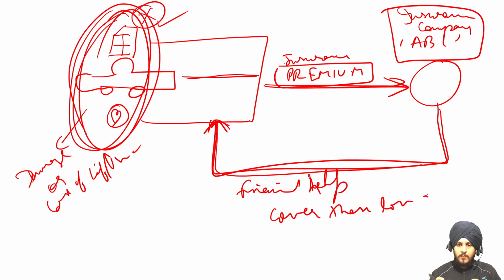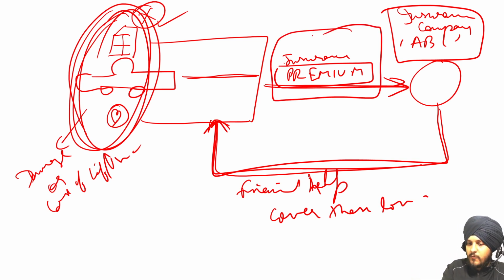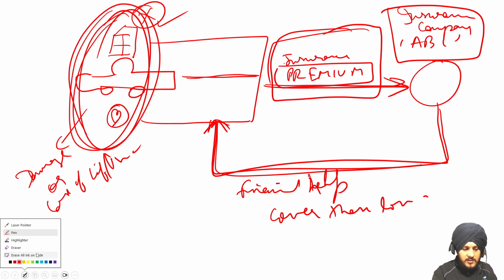So this is the main idea behind insurance. You would already be knowing that the intent behind this explanation was to make you aware of this term insurance premium, because this is the term that we are going to use in our explanations. So I hope the insurance premium is clear to you.